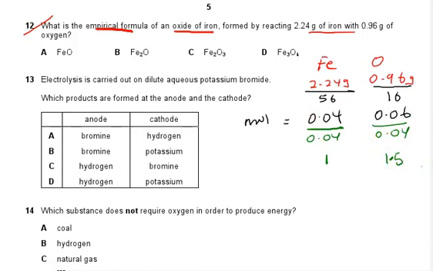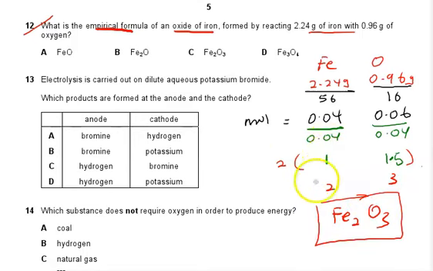And we have to multiply with 2 because there is no such thing as iron having 1.5. So we multiply with 2 for each and we'll be getting 2 and 3. The final formula here will be iron is 2 and oxygen is 3. This is your calculation method. So your answer here will be C. I hope you can understand this calculation of empirical formula.